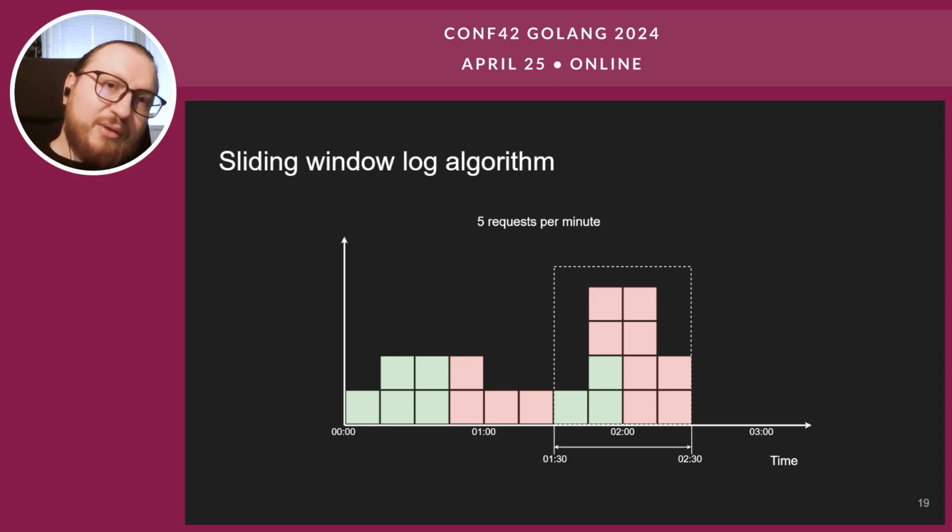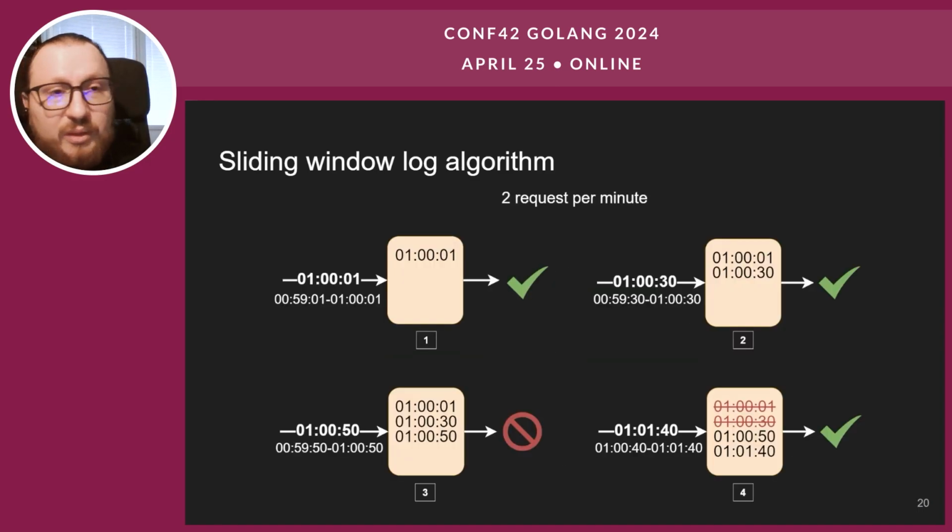Let's look at the example. In this example, we allow 2 requests per minute. When the first request is saved to the log, there is only one request in the log at that point in time, so the request is allowed and processed.